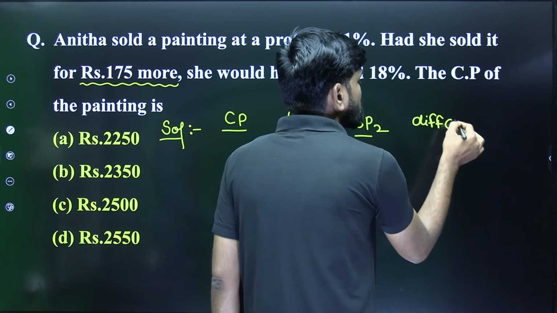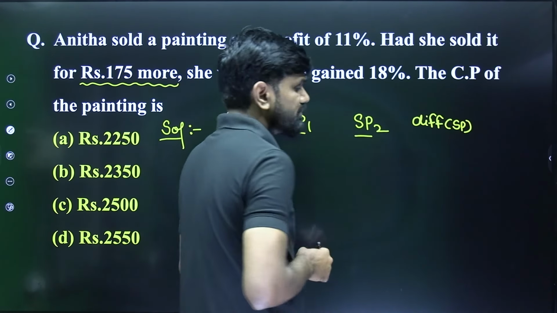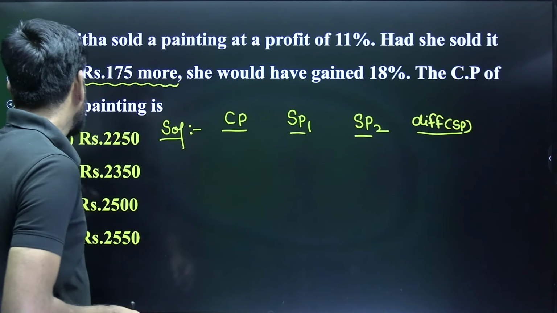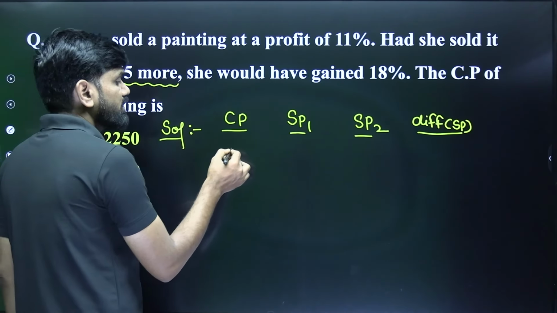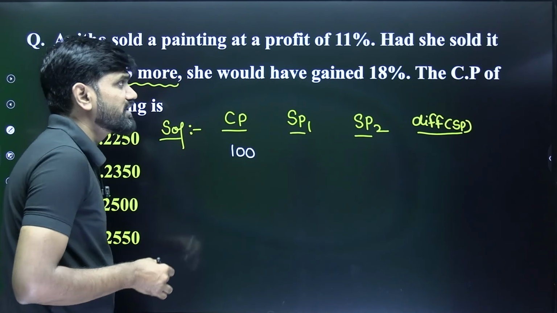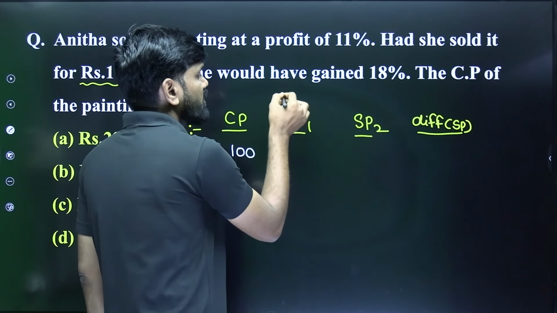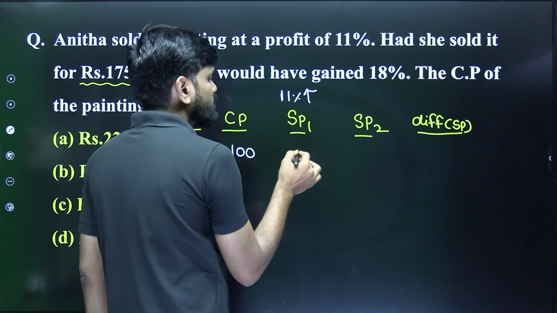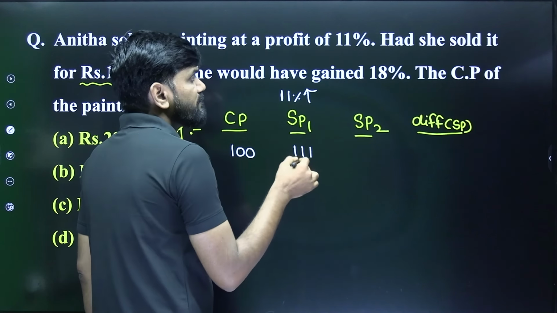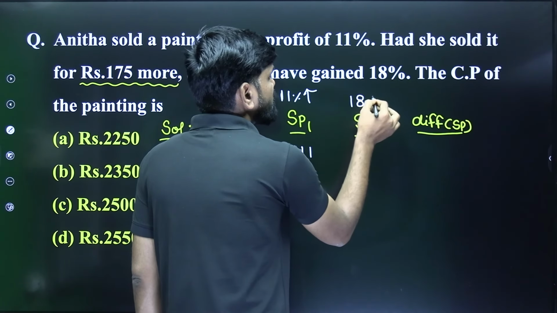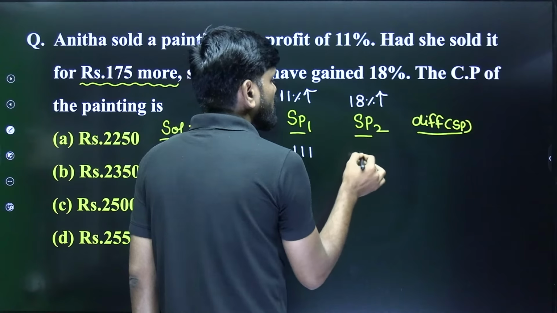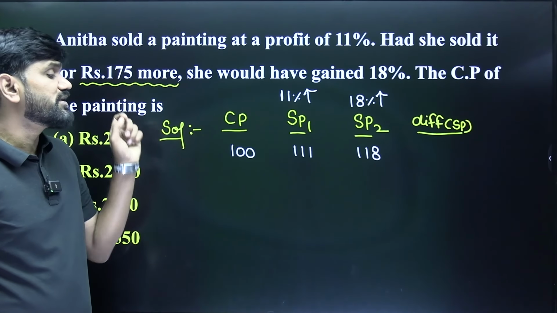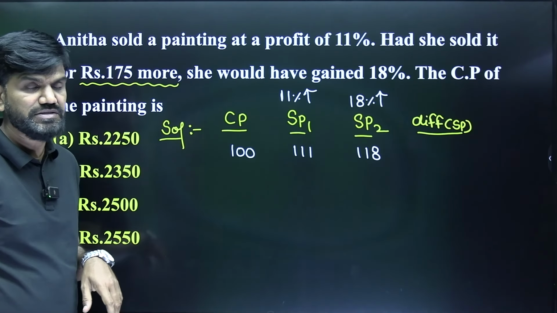If the cost price is 100, in the first case there is a gain of 11%, so the selling price corresponds to 111. If there is a gain of 18%, the selling price corresponds to 118. In the problem, that 175 represents the difference between the selling prices.